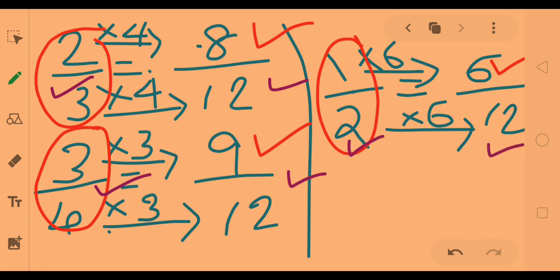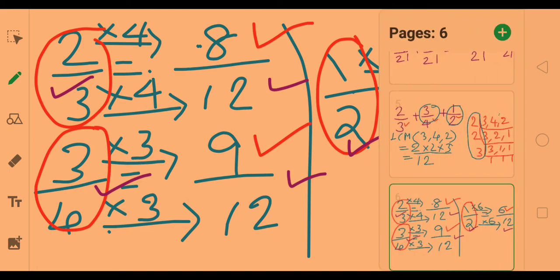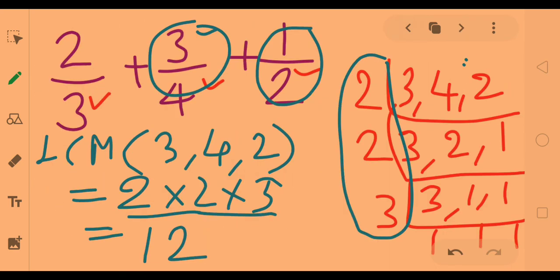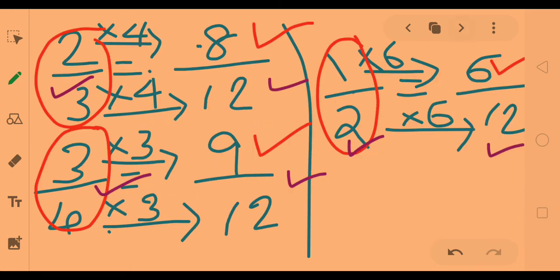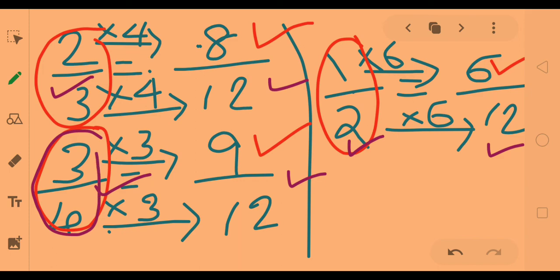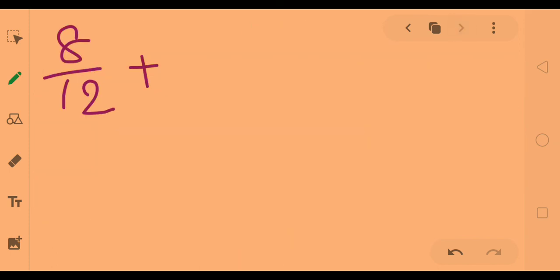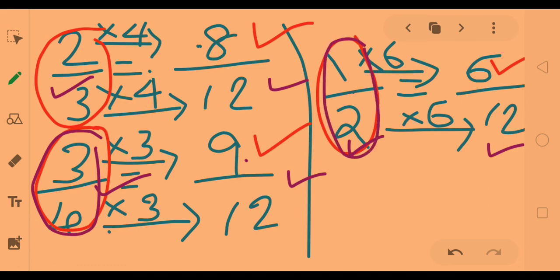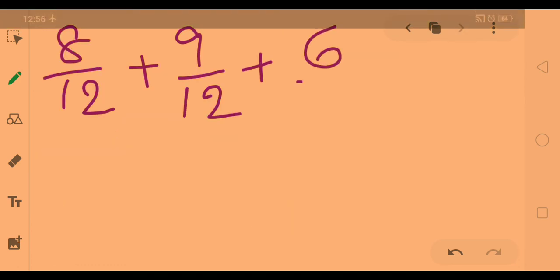So let's replace it and write. Our question is 2 by 3 plus 3 by 4 plus 1 by 2. In place of 2 by 3, the equivalent form is 8 by 12, plus, in place of 3 by 4, the equivalent form 9 by 12, plus, the third fraction 1 by 2 is replaced as 6 by 12.